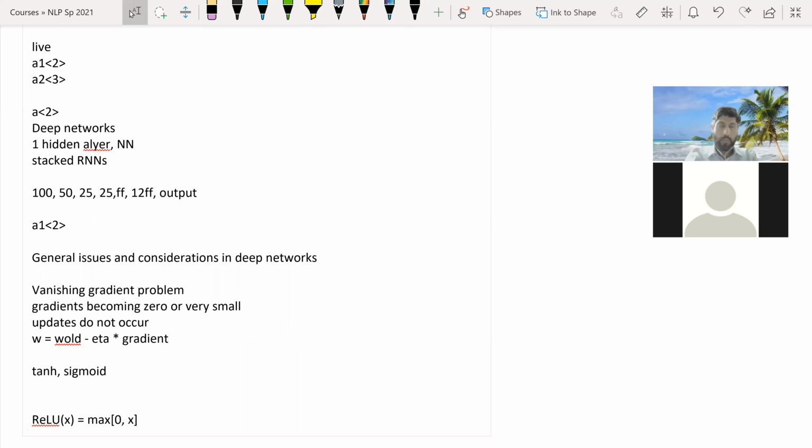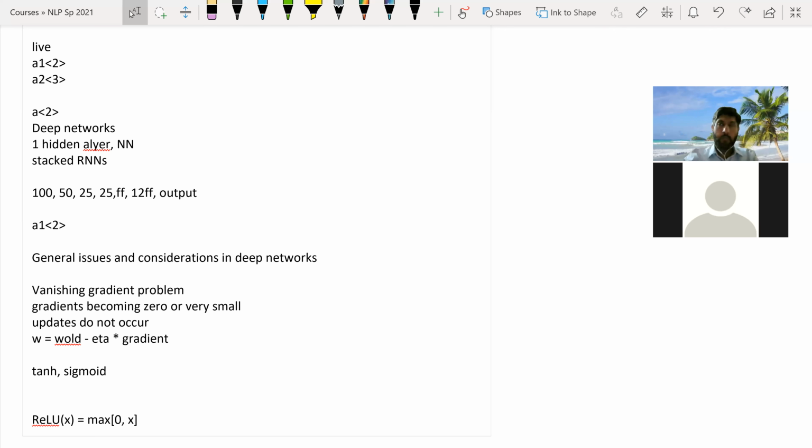Now let's look at the next problem. The next problem is the exploding one. So that was the vanishing gradient problem, now the exploding values problem. So this is again related to that.